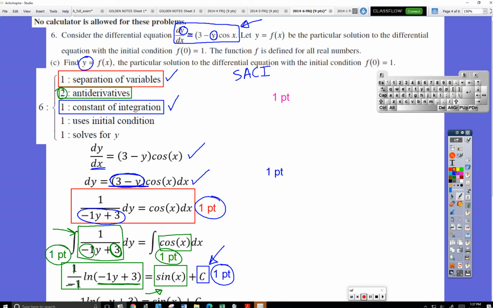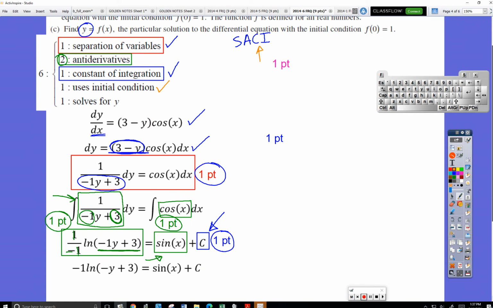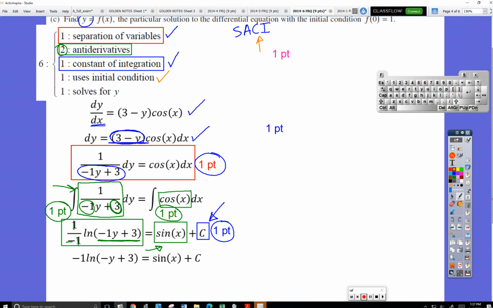And here, this is the process of finding the constant. That's this step. So to find the constant, I'm going to take my equation right here, and I'm going to use the fact that this is the equation for finding y equals something. It's just not rearranged.